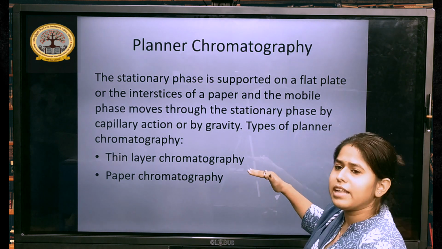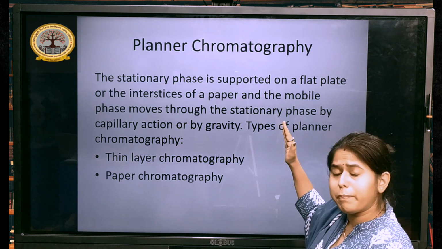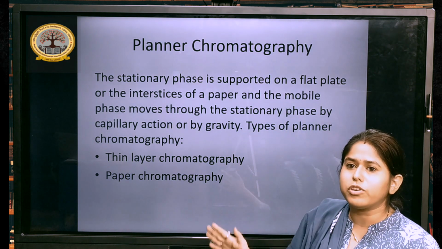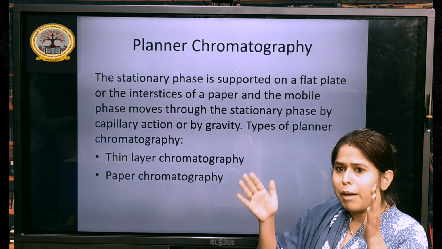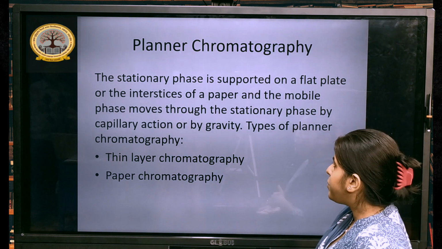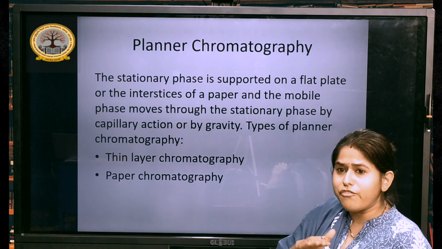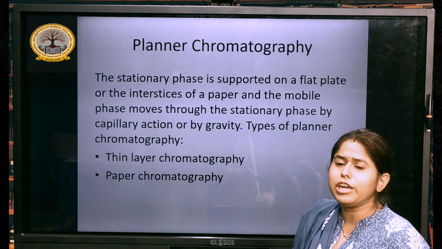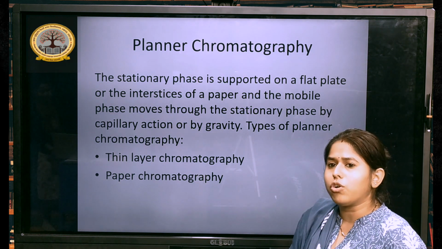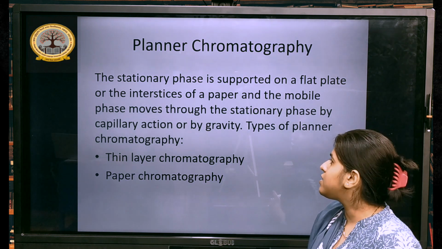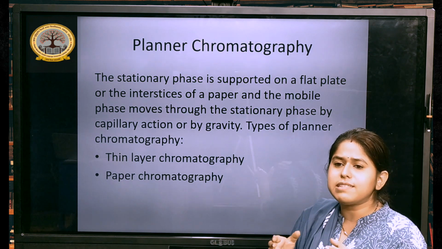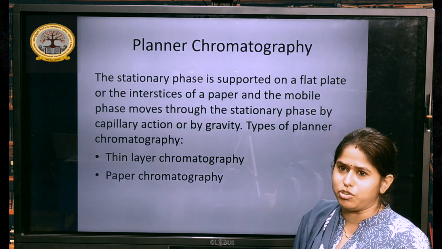Planar chromatography and column chromatography differ in their application structure. In planar chromatography, we have our stationary phase fixed over a plate or in a paper form, whereas in column chromatography, we have our stationary phase embedded inside a column structure.